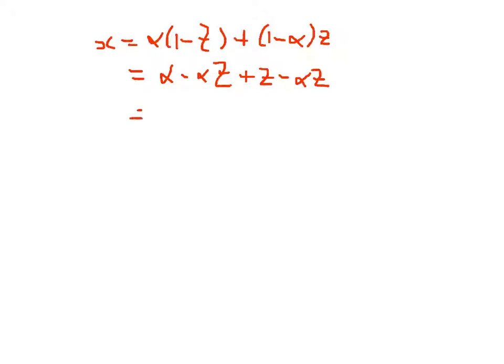Right, now we can write this is equal to z, small z, plus, let me factorize by alpha, alpha times 1, right, here it is, minus capital Z, here it is, minus small z, here it is.